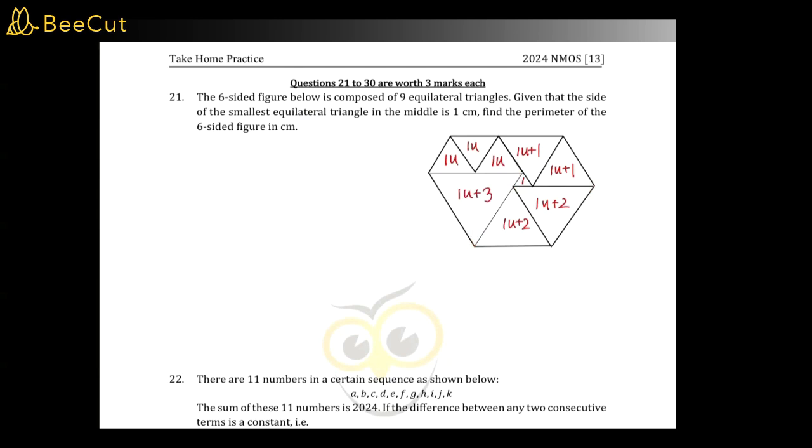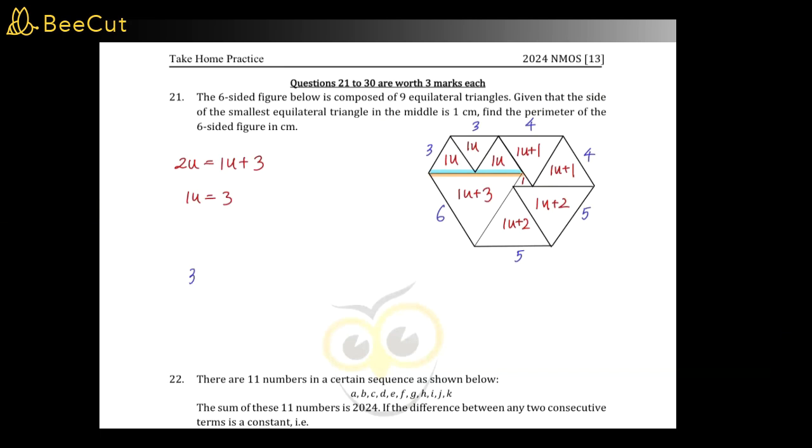So we can see on top we have 1 U plus 1 U, that's 2 U. This equals 1 U plus 3. From there, we can solve that 1 U equals 3 cm. So let's label it in the figure. This is 3, 3, 4, 4, 5, 5, 6.